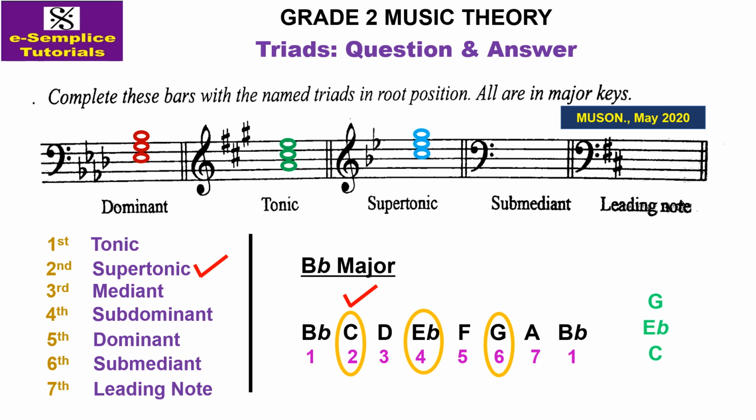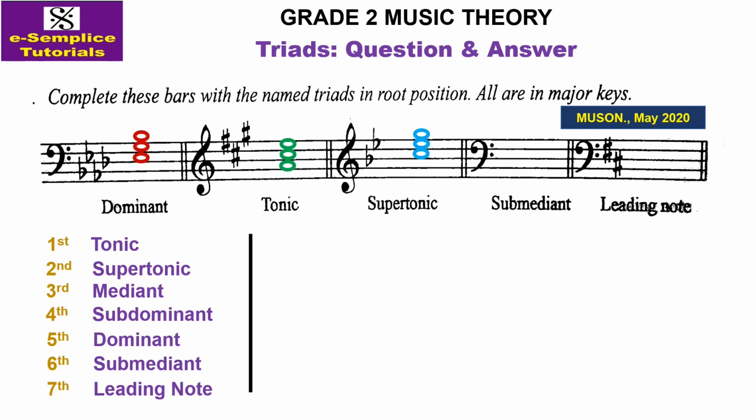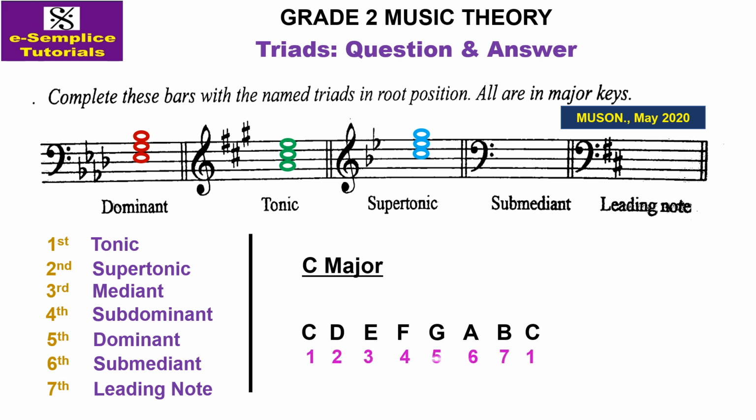Next is submediant triad. There is no key signature accidental, so that suggests C major. The notes in C major scale, the degree of the scale.